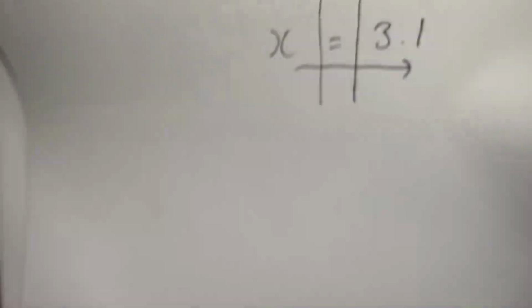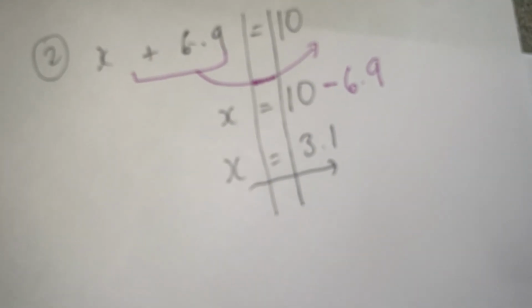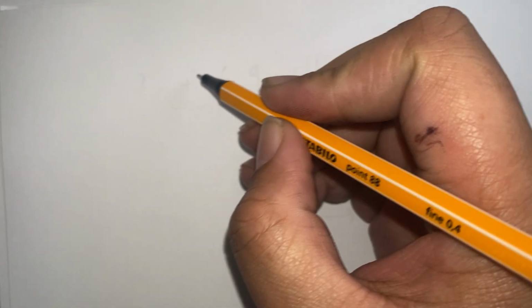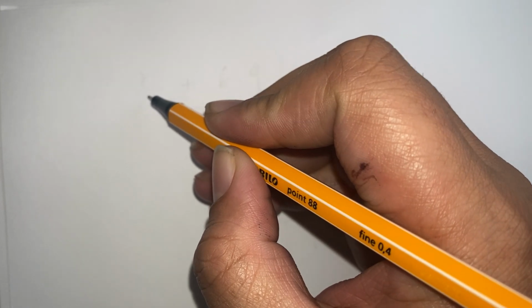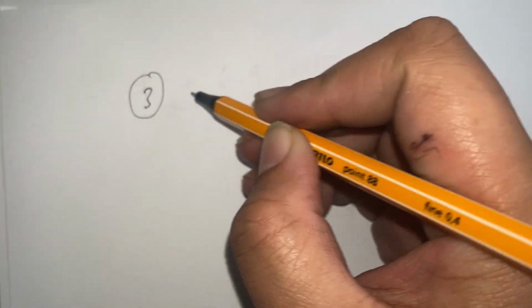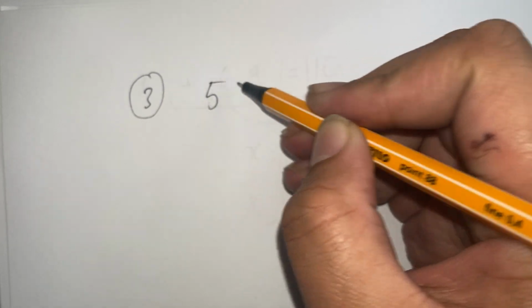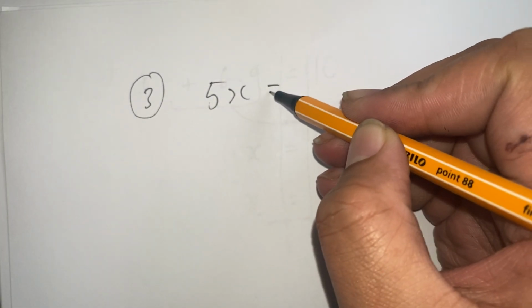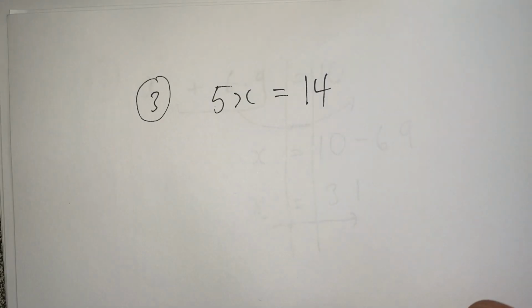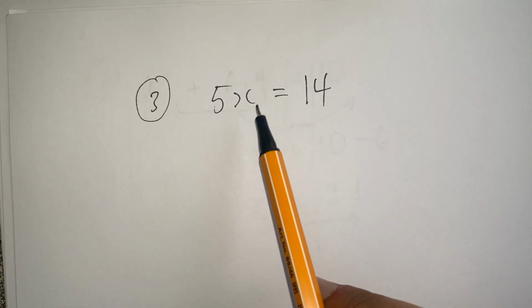Let's see. We're nearly there for the one-step equations. You'll see that most of these are just one step, and that's why we call them one-step equations. Let's have a look at this one. This was a tricky one. 5x equals 14. What is the relationship between 5 and x?